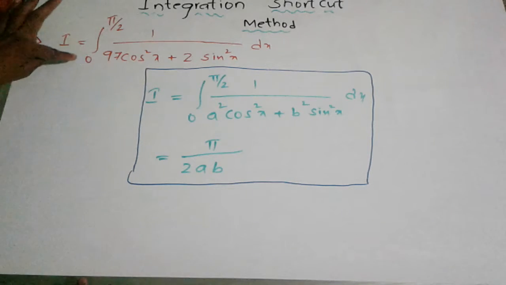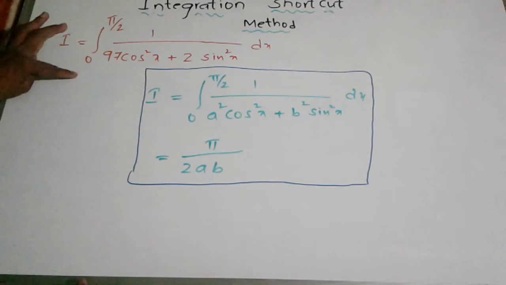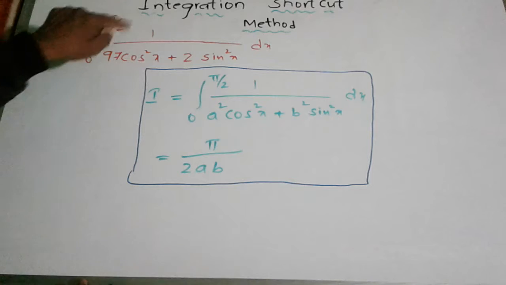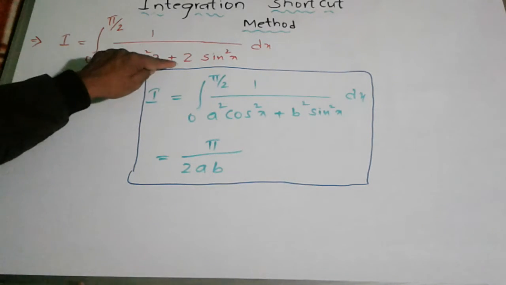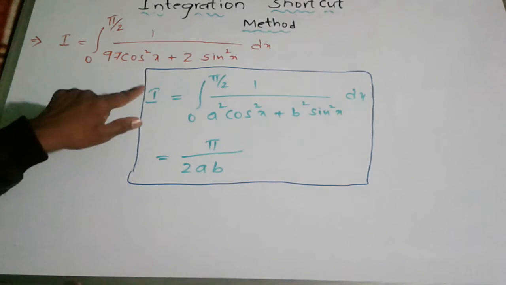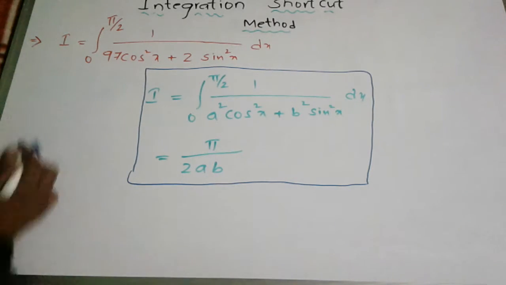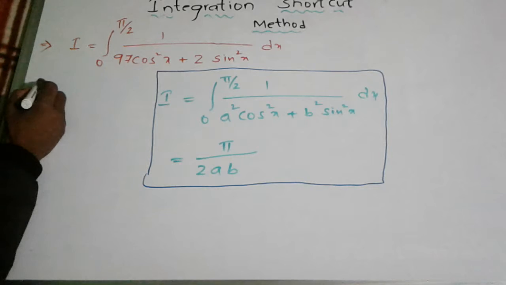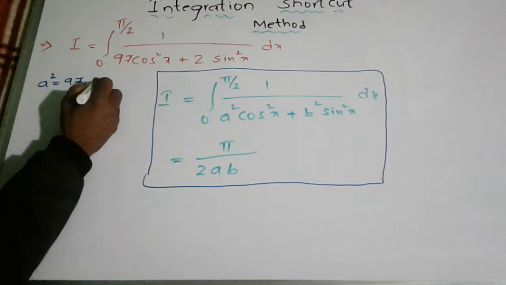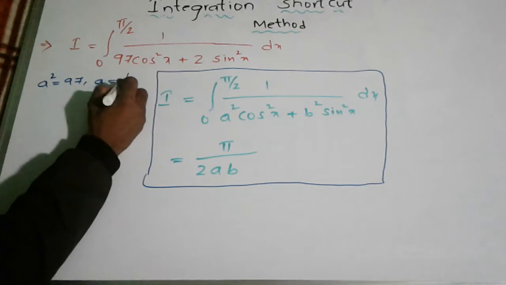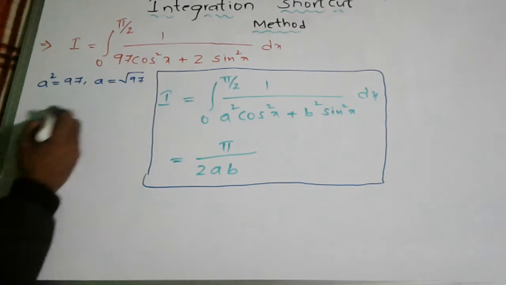You can check the integral 0 to pi by 2 of 1 upon a square cos square x plus b square sin square x dx, right? So here the value of a square is 97, then the value of a is root 97, right?